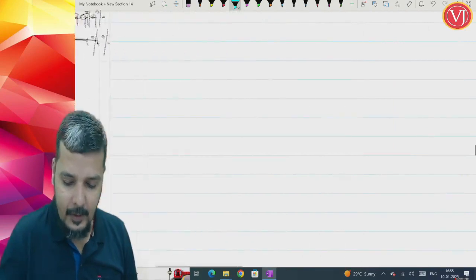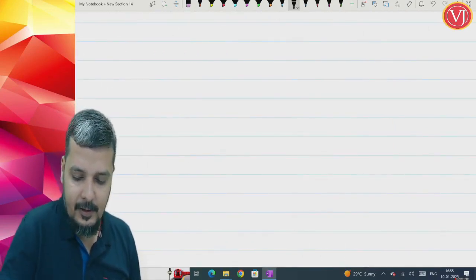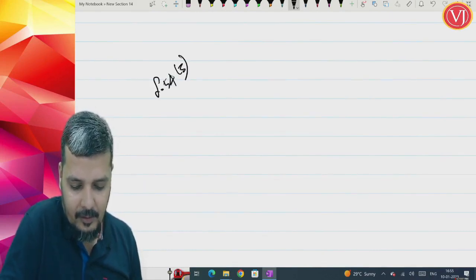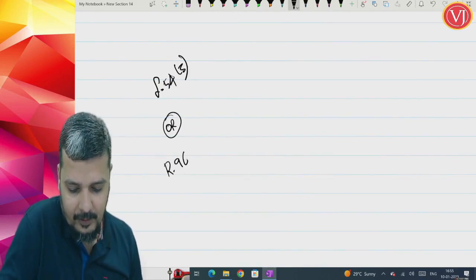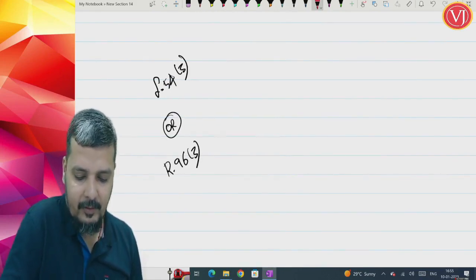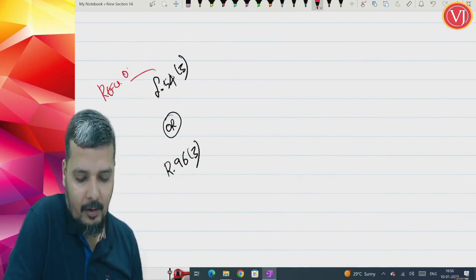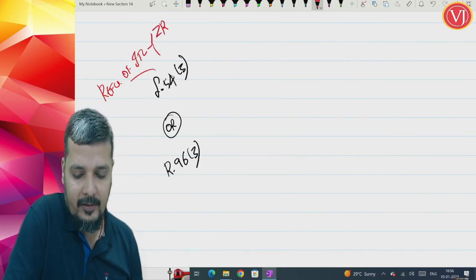Now what are they trying to tell? You applied for refund under section 54 subsection 3, or you are talking about Rule 96 sub rule 3. Section 54 sub rule 3 is refund of your input tax credit. Either you are talking about zero rated supplies or you are talking about inverted duty structure.